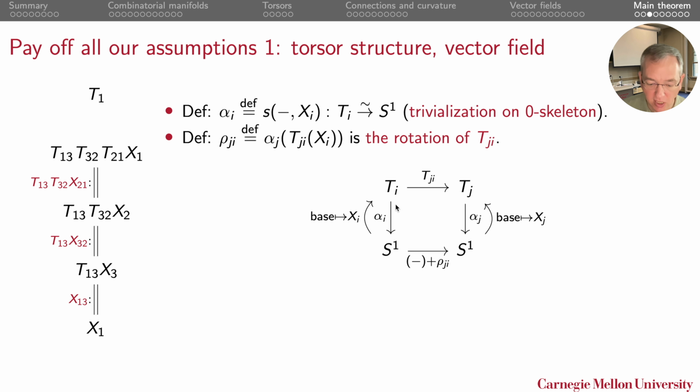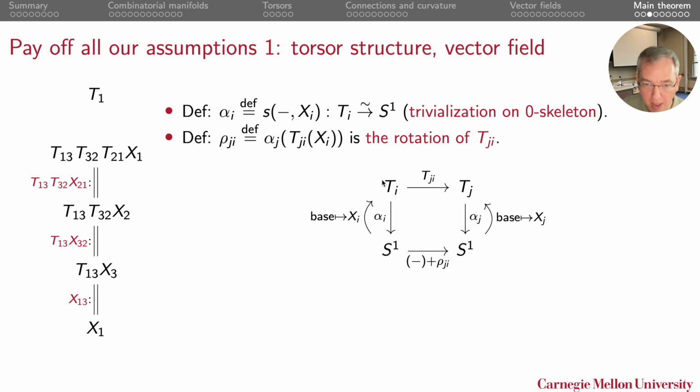Each of these fibers is equivalent to S1, each with their own private alpha i, alpha j, such that whatever the map from Ti to Tj does, we can ask what it does in S1 like this by going around the other three edges, and that'll be adding the angle rho ji. It's a rotation. So intuitively, we know this, that transport around in our two manifold is just going to perform some kind of rotation.